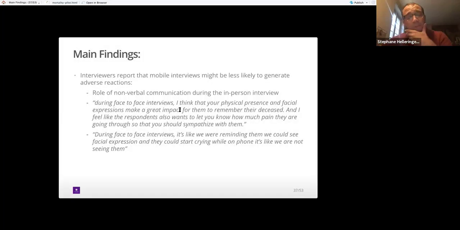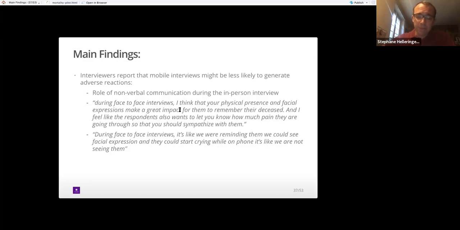Several interviewers also indicated that mobile interviews might in fact be less likely to generate adverse reactions from respondents when answering these questions, due to the role of nonverbal communication during in-person interviews in prompting more extensive emotional reaction to a mortality questionnaire and recalling deceased relatives.